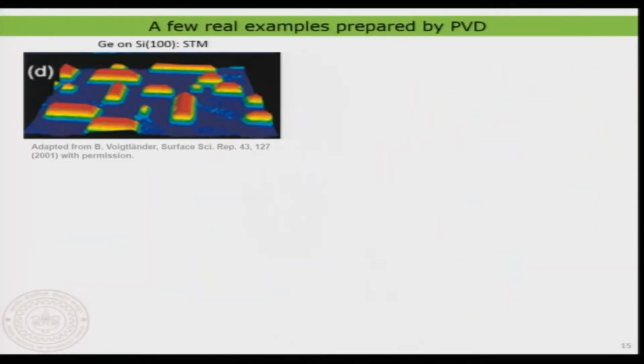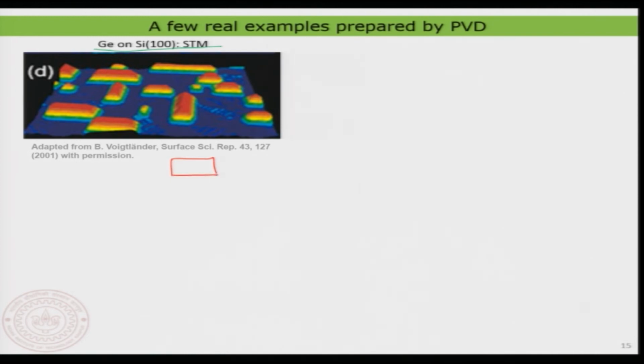Now if you recollect, in the previous class we have seen this case. This is again germanium on silicon 100 surface. There I told you the symmetry of the silicon 100 surface is clearly implemented in the formation of the islands itself. So finally whatever you are forming clearly implies the symmetry of the silicon 100 surface.